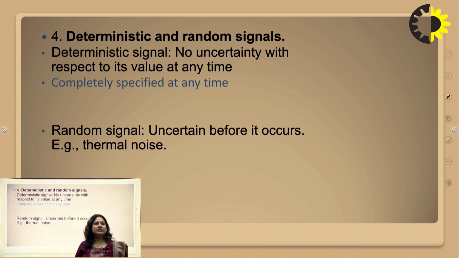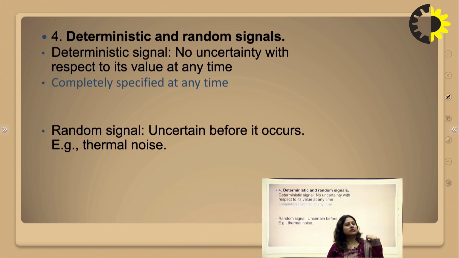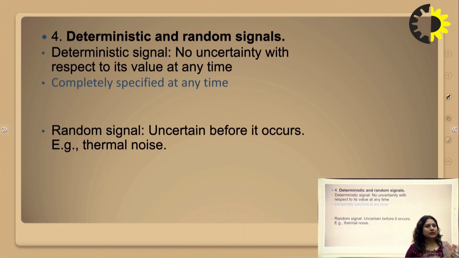Next is deterministic and random signals. Deterministic signals are those signals which can be expressed in the form of a particular expression, or you can say that we can express them with a mathematical function. Those signals are called deterministic signals. There is no uncertainty about those signals, and they have some values with respect to time. On the other hand, random signals are those signals which are uncertain and cannot be expressed in the form of a mathematical equation.